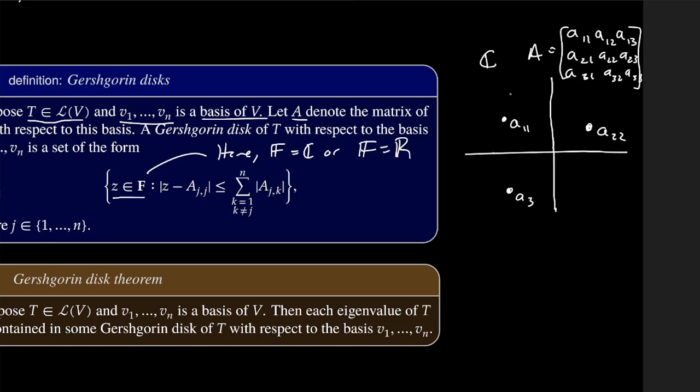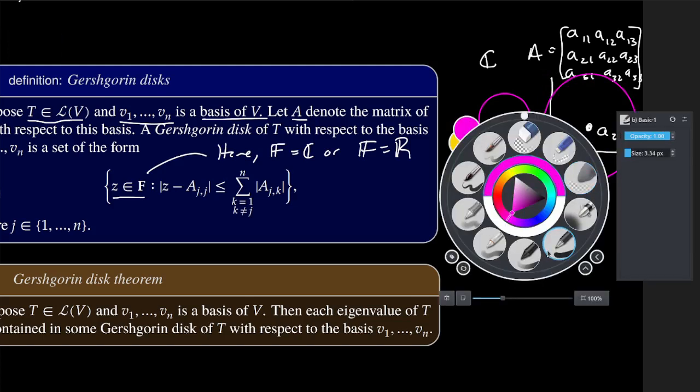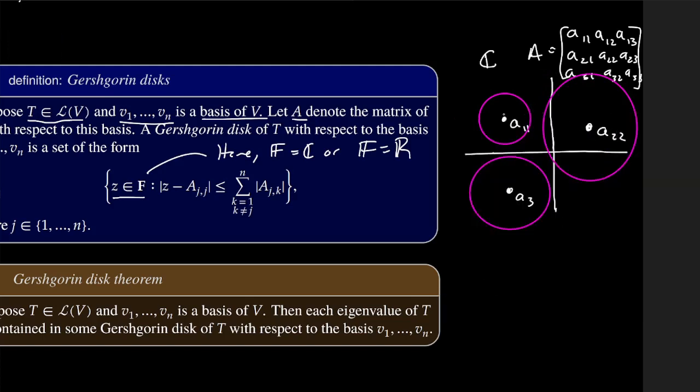Then here's the whole idea of it. There is a nice little disk around A11, a nice little disk around A33, and maybe some other disk around A22. These could all get big, who knows? Such that we have the following. The radius of the first disk is the absolute value of A12 plus A13.